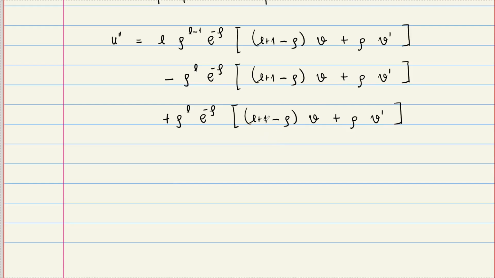So this one is derivative of this minus v plus L plus 1 minus rho v prime plus derivative of this is v prime plus rho times v double prime.